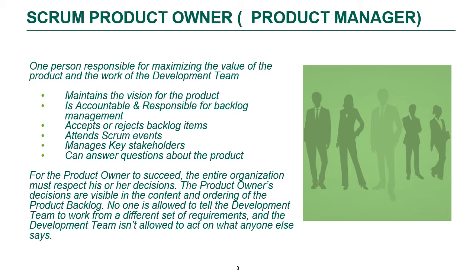The product owner's decisions are visible in the content and ordering of the product backlog. No one else apart from the product owner is allowed to direct the development team to work on a different set of requirements. He is the sole person who tells the development team that this needs to be picked up on priority and gives a go-ahead to the product.